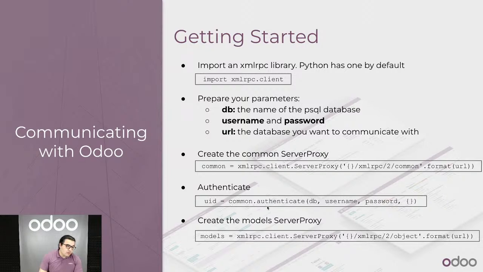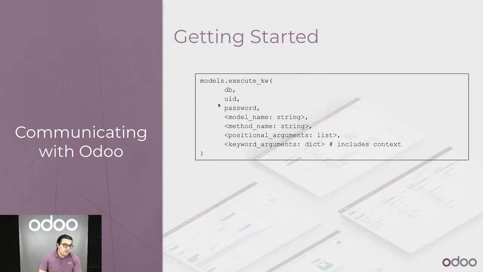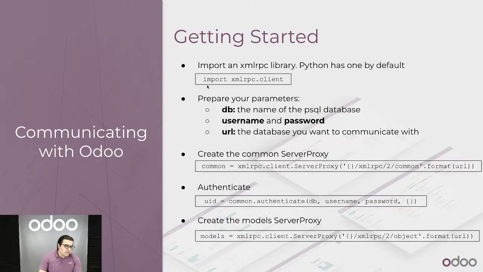If you authenticate successfully, it will give you a user ID that you could be using in the rest of your transactions. Now we are ready. Everything is set. We could go ahead and start using it. And for that, you could use models.execute_kw. Models, if you remember, is basically a server proxy that we have created in a previous step.